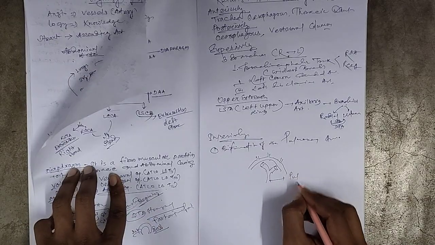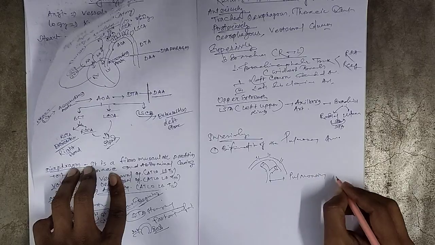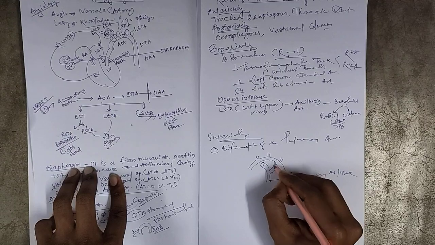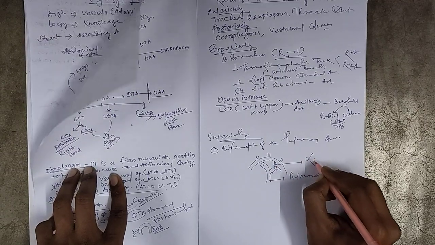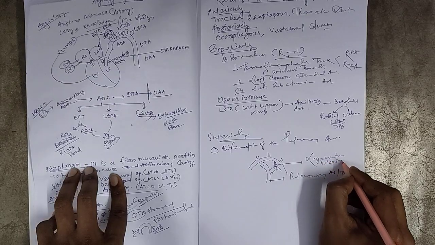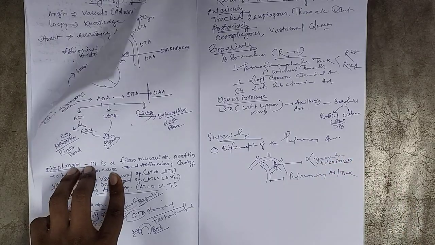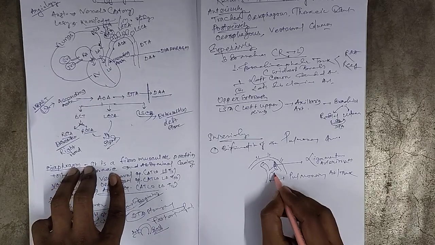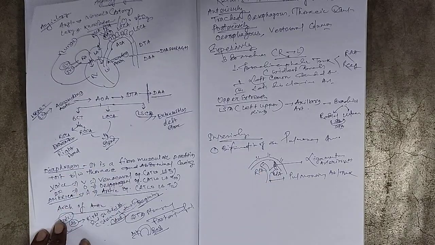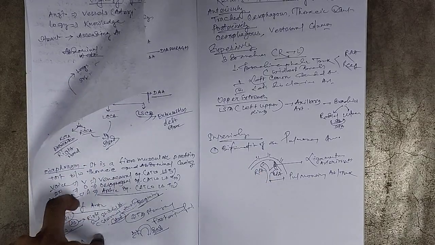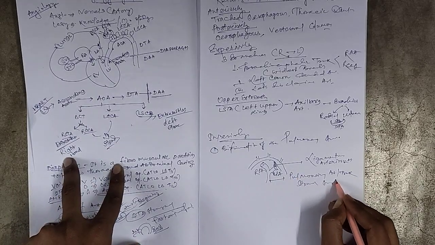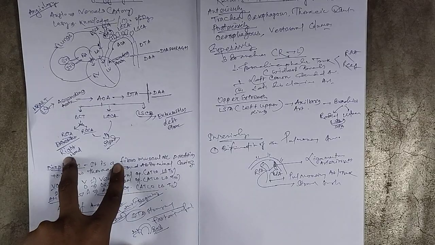So this is the pulmonary artery or trunk, and this is the ligamentum arteriosum. In the case of the pulmonary artery, this is the left pulmonary artery, this is the right pulmonary artery. And the right and left pulmonary arteries bifurcate at the level of the sternal angle. So this is the level of the sternal angle.